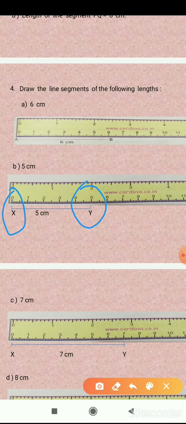Then draw a line along the edge of the ruler from X to Y. So XY is the required line segment of length 5 centimeter.